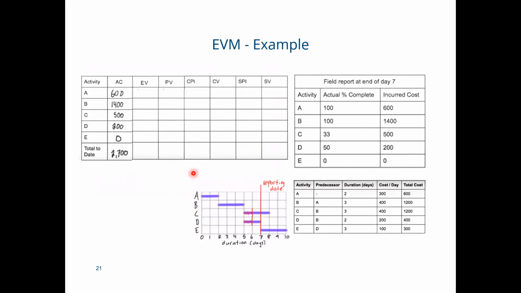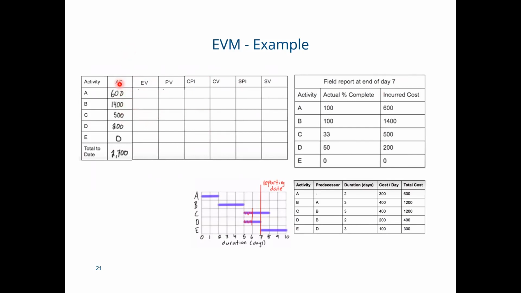So now in this slide, you look at the table, right? We need to find out the values and fill them in this table to make our calculations. So the first column is the AC.